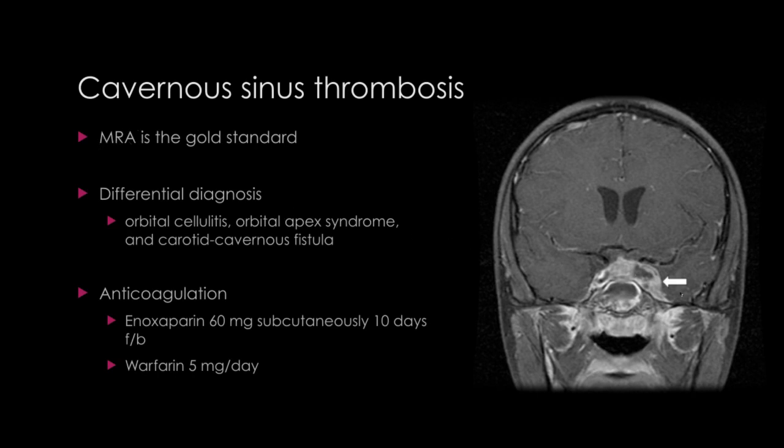As you can see here, the cavernous sinus is involved. The differential diagnosis for this condition is orbital cellulitis, orbital apex syndrome, and carotid cavernous fistula, as we saw before. Treatment for cavernous sinus thrombosis includes anticoagulation using enoxaparin subcutaneously for 10 days, which is followed by oral anticoagulation, that is warfarin 5 mg per day.